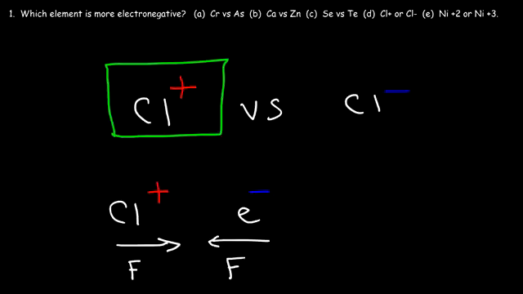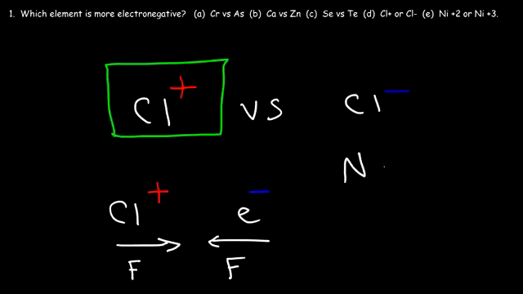Ions with positive charges are usually more electronegative than neutral atoms. Not in all cases, but usually. And an ion with a positive charge is definitely going to be more electronegative than an ion with a negative charge, especially if it's composed of the same element. Now, if the elements are different, you have to look at other factors.